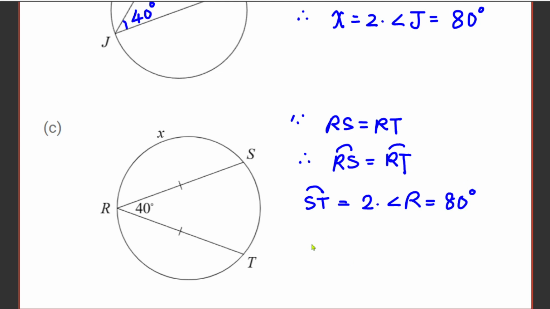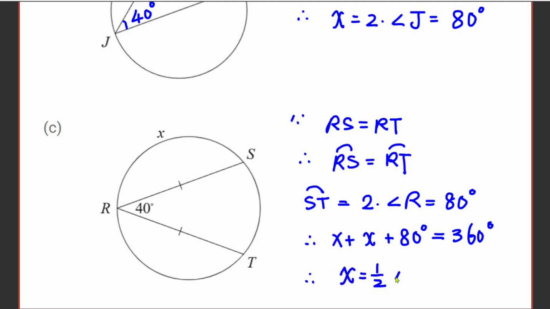So adding all the arcs of the circle gives us x plus 80 degrees should equal 360 degrees, right? And therefore x equals half of 280 degrees, which is 140 degrees. You get it?